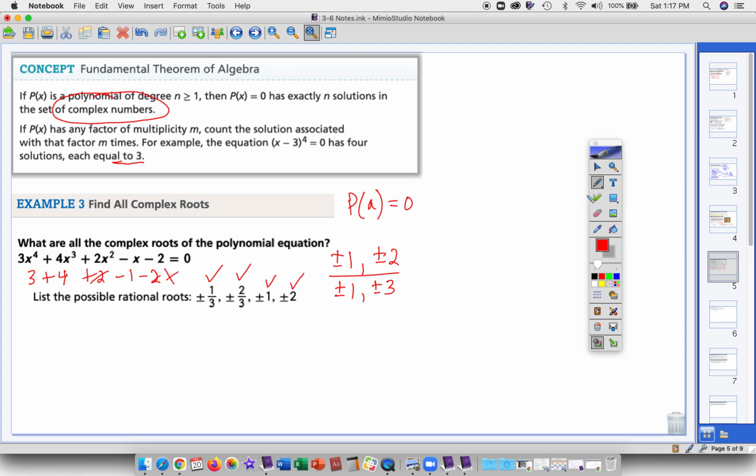If I try -1, and I'm plugging in -1 for x, then that would stay positive. This becomes negative. No, I'm sorry, positive because it's a minus and negative.